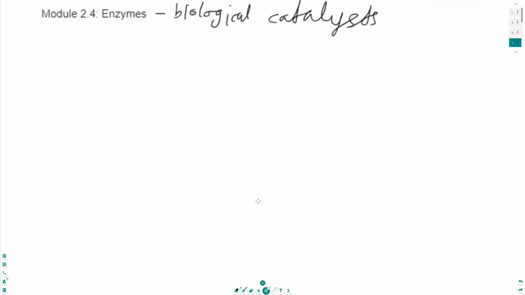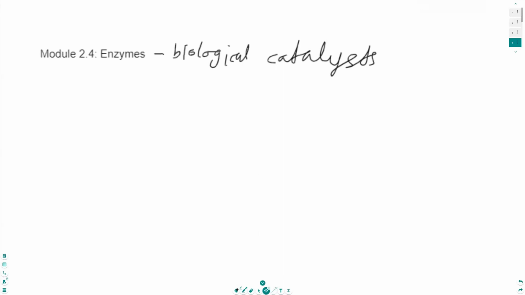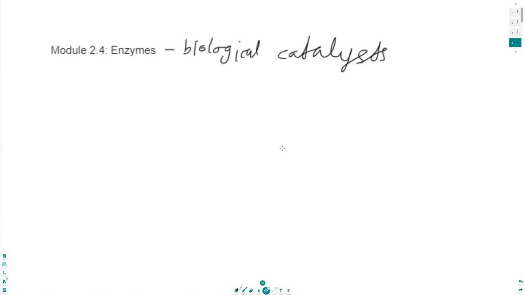So enzymes are basically biological catalysts. So what are catalysts? Let's zoom in here and see for ourselves. Let me recenter.